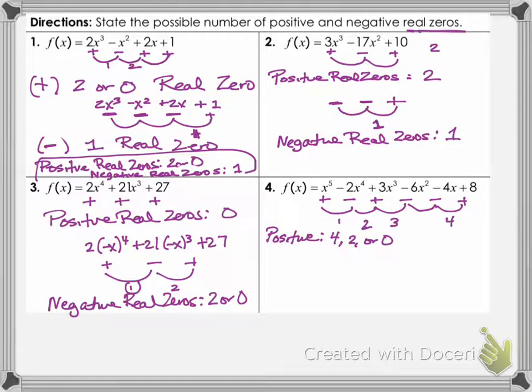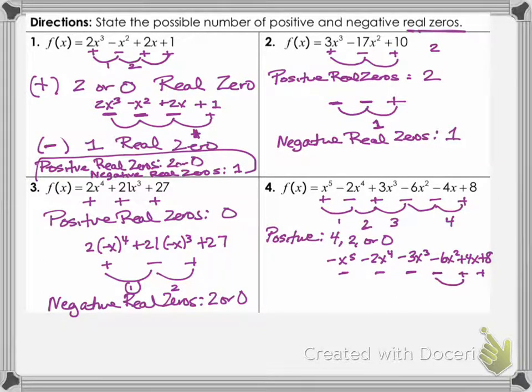Now, switching signs, I would have negative x to the 5th, minus 2x to the 4th, minus 3x cubed, minus 6x squared, plus 4x plus 8. That's substituting negative x in for x. So that's a minus, minus, minus, minus, plus, plus.